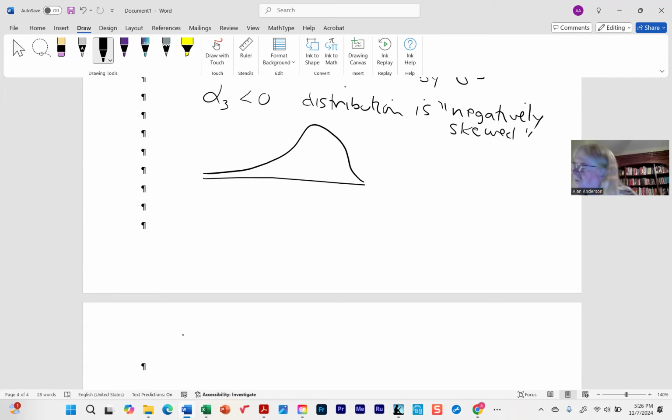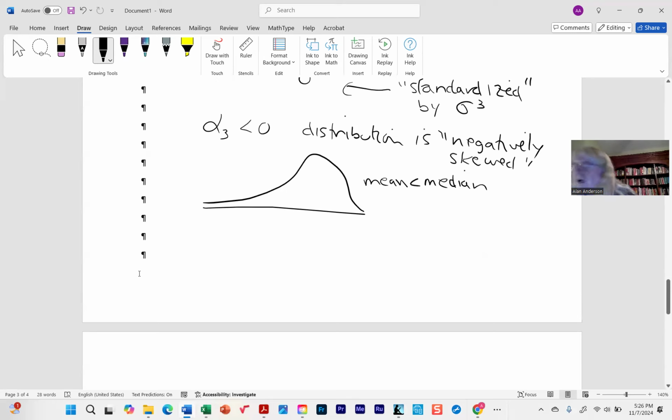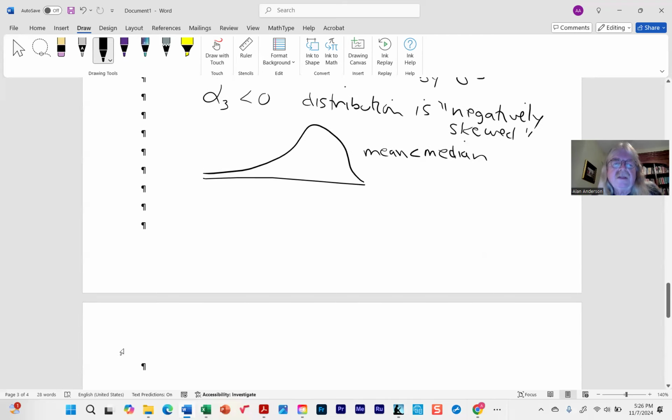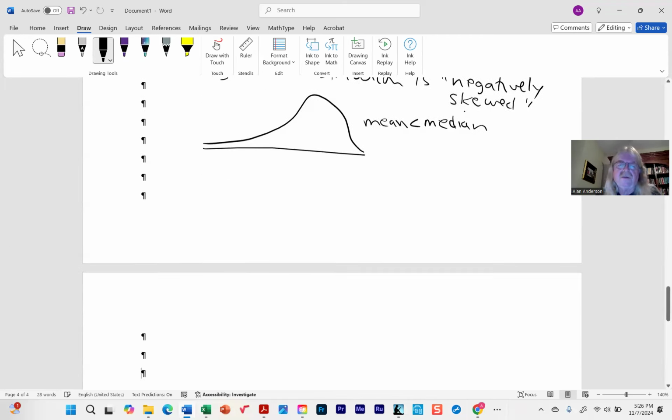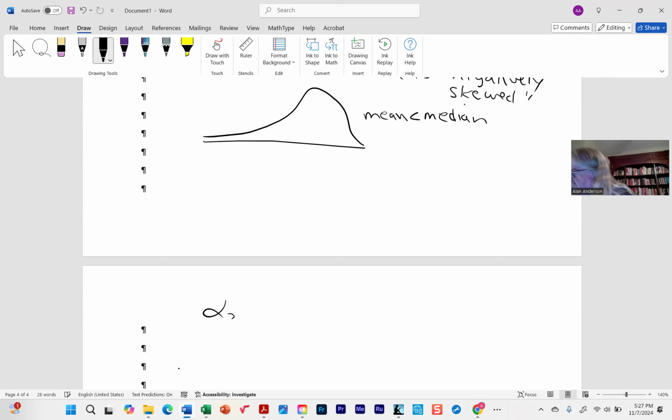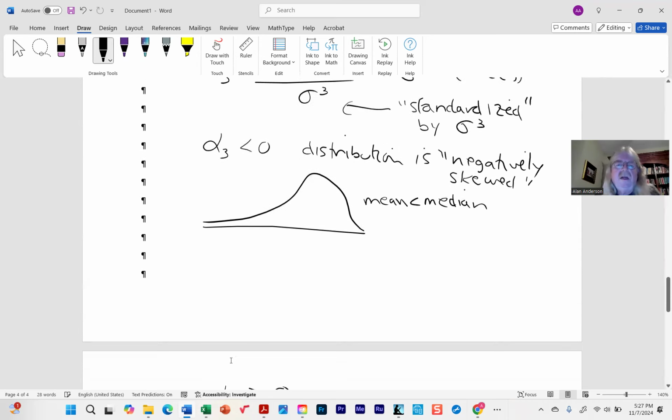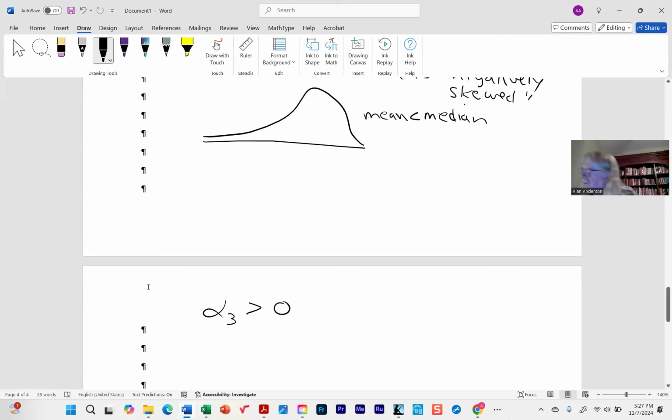You can tell it's negatively skewed because the mean is less than the median. That's because there are several very large negative values in this distribution that cause the mean to be much smaller than it otherwise would be. The median is the halfway point, and the mean is the average. Now, if this parameter is positive, of course, everything works in reverse. The distribution is positively skewed.